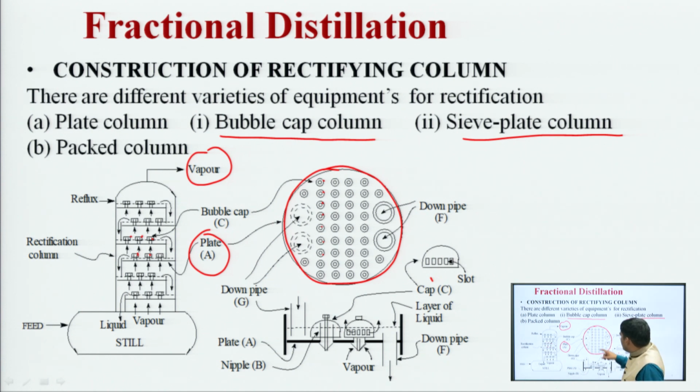And these two circles, this one and this one, these are down pipes, down pipe F, and these are the down pipe G. If you see in this diagram, this down pipe is coming from the upper plate, it is attached from here, it is going down, and down pipe F, it is from same plate, it is going down on the other side.